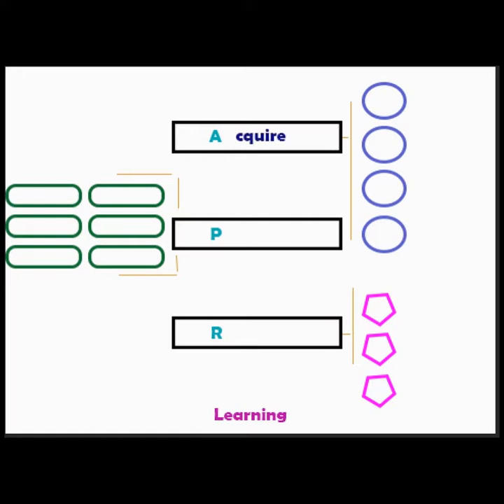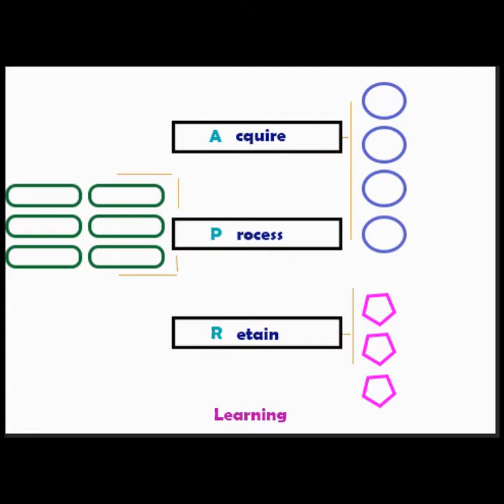And so the very first task in learning is to acquire that information. We pull that information into our brain. But then we have to both remember it and use it. And so that becomes the process portion and the retention portion. We retain that information. And these are the three main components, and you can see on the side, there's little side components, but there's three major components to being able to learn.